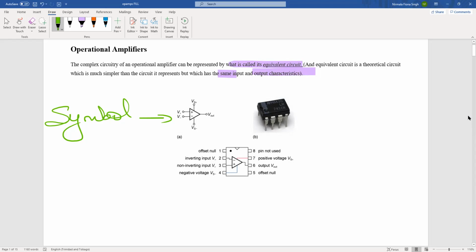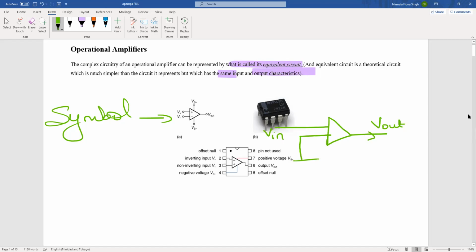But the symbol for an operational amplifier is the triangle. It has one line that represents your output voltage, and two lines that represent your input voltage. Why do we have two that represent input voltage?